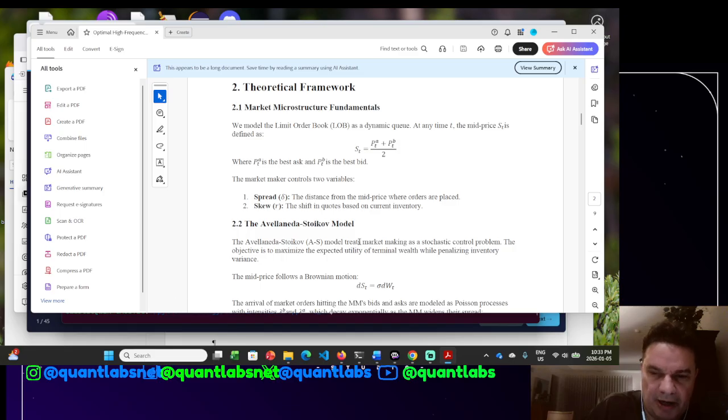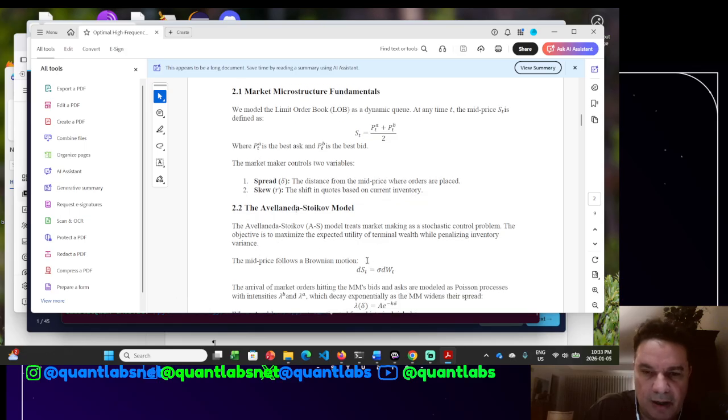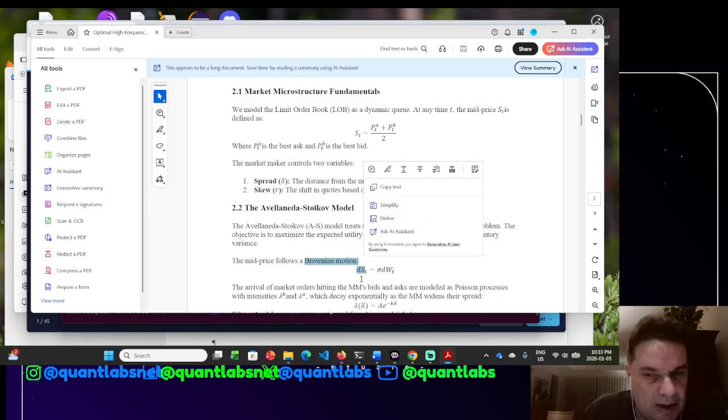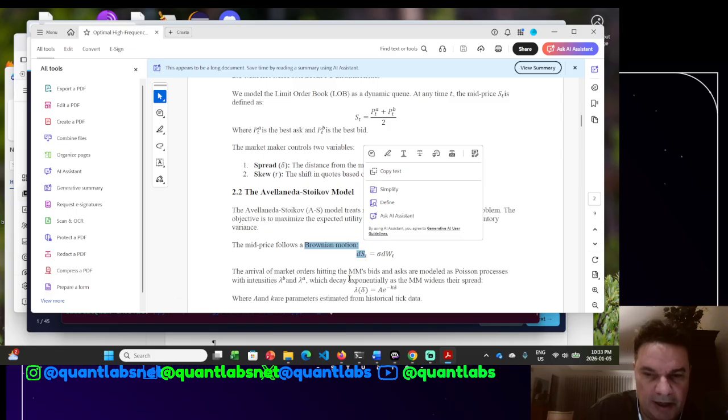And the AS model is a stochastic control problem. Here we're trying to maximize expected utility of terminal wealth while penalizing the inventory variance. The mid price is based upon Brownian motion with this formula here.